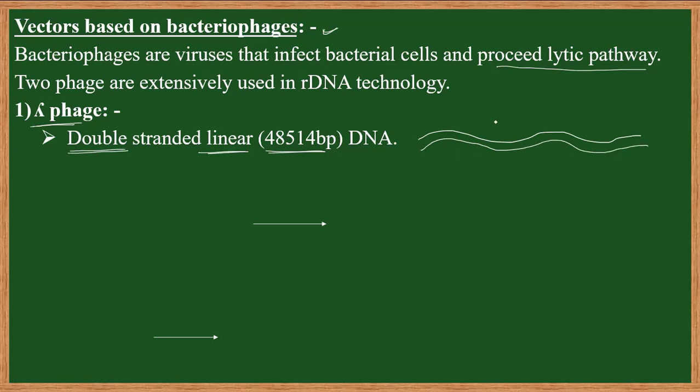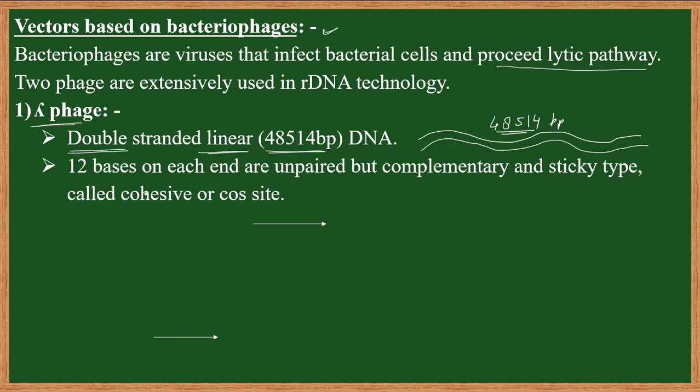The length is 48,540 base pairs, because it is double stranded, so we count base pairs, and it is linear. The second characteristic: 12 bases on each end, unpaired but complementary and sticky, called cohesive ends or cos site.